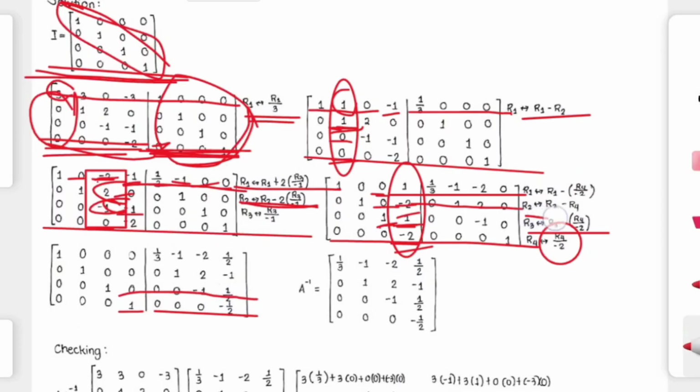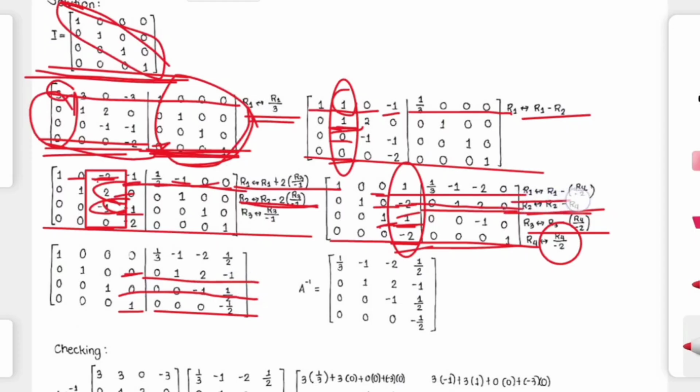For row 2, since we have the negative 2, and our r sub 4 here is negative 2 also, we have r sub 2 minus r sub 4 for the row 2 column 4 to be 0 in here. Using this one and this one, we get 0, 1, 2, and negative 1.